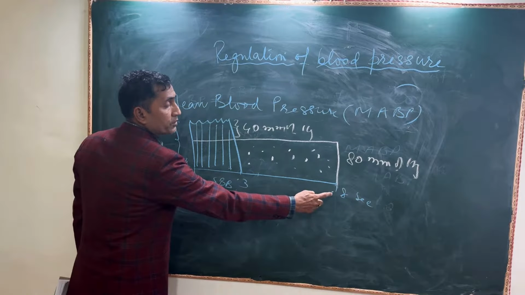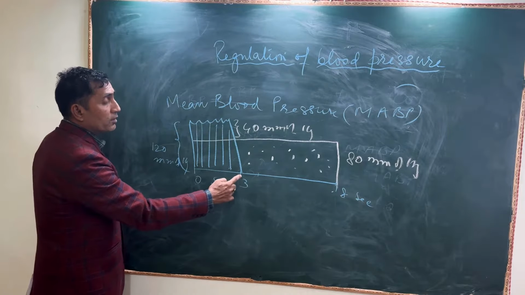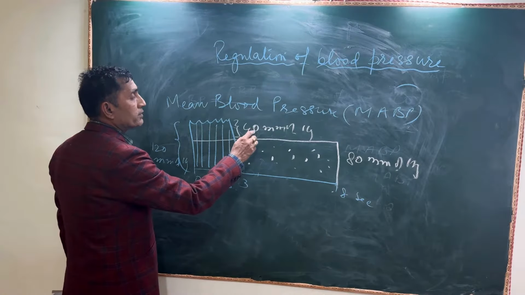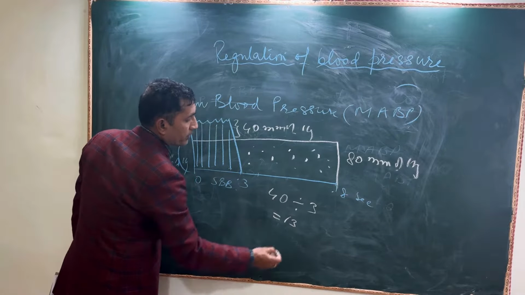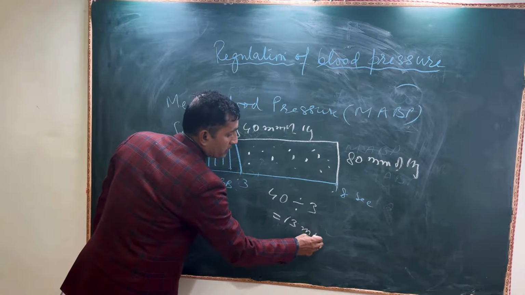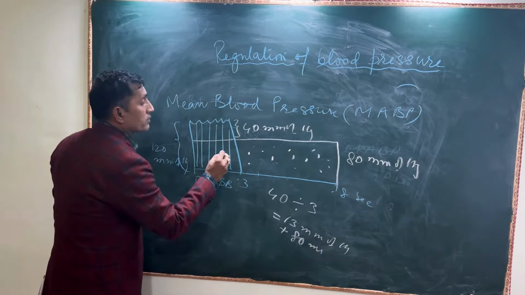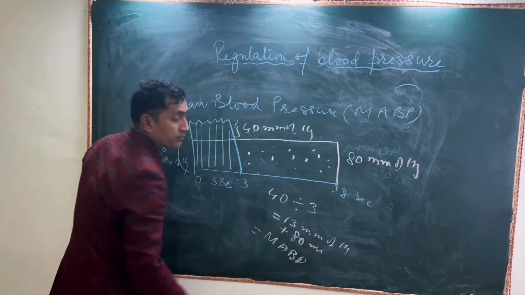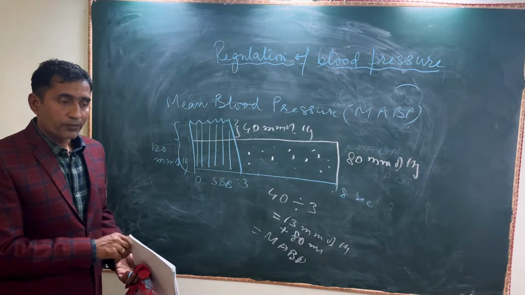Because the total duration is 0.8 and the duration of systole is 0.3, so approximately 0.9 second. So approximately this 40 will be divided by 3. We will have near about 13 millimeter of mercury. So this 13 millimeter of mercury plus 80 millimeter of mercury will give us the mean arterial blood pressure. So that way also we can graphically calculate the mean arterial blood pressure.